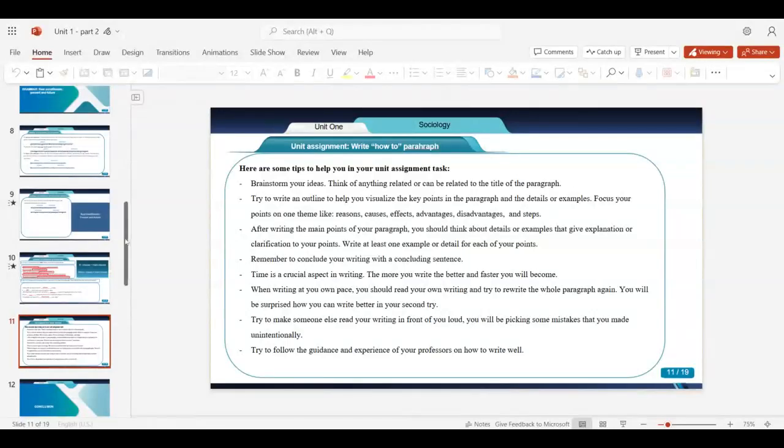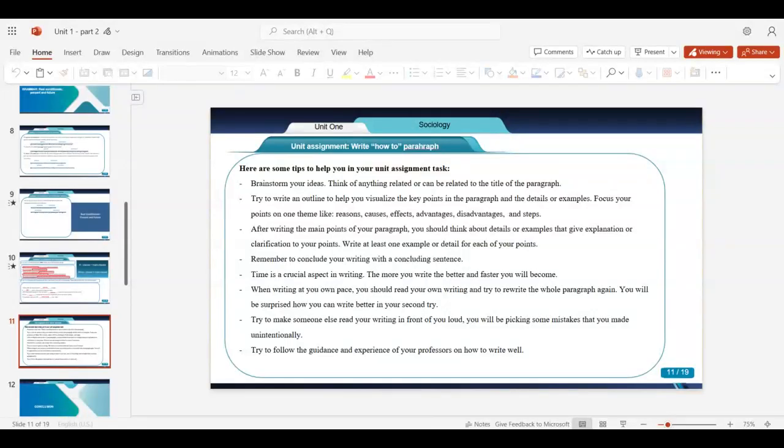For this, we need to brainstorm your ideas, think of anything related or that can be related to the title of the paragraph. Before paragraph writing, we brainstorm our ideas related to the topic. Maybe the examiner in the exam gives us the title or the topic.